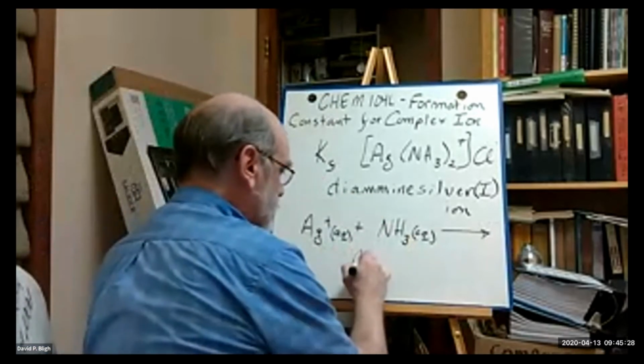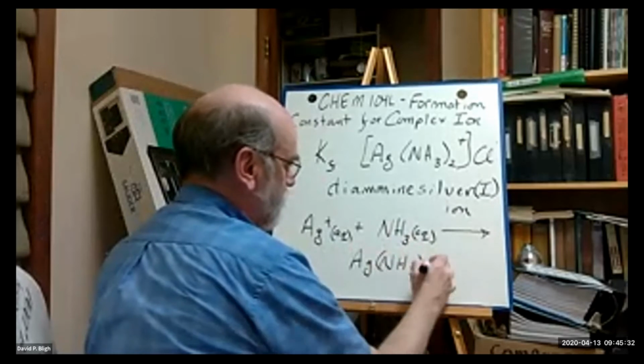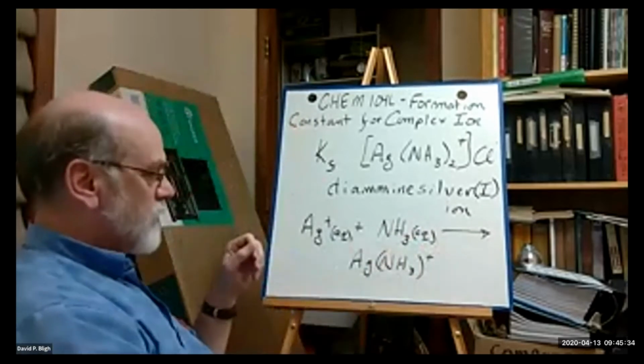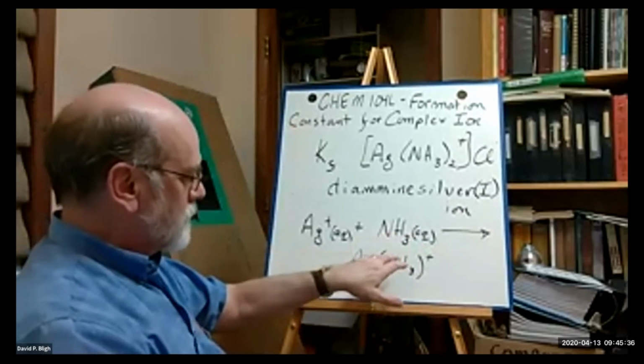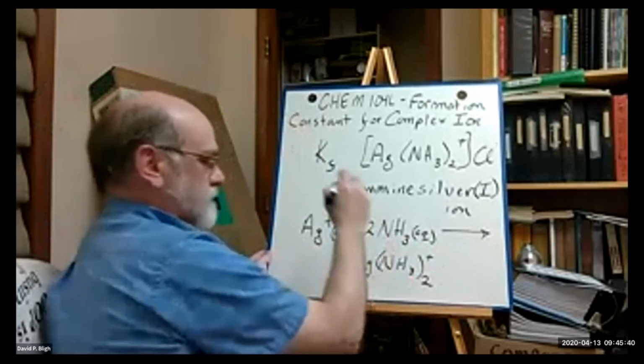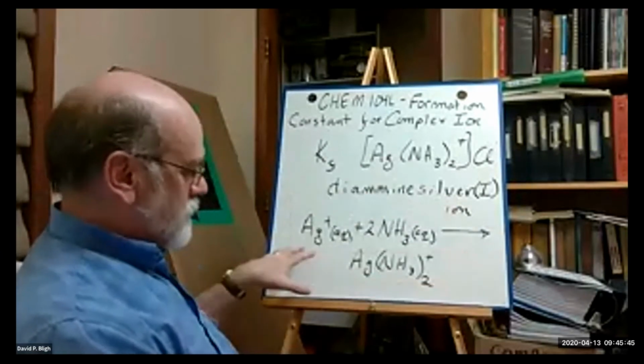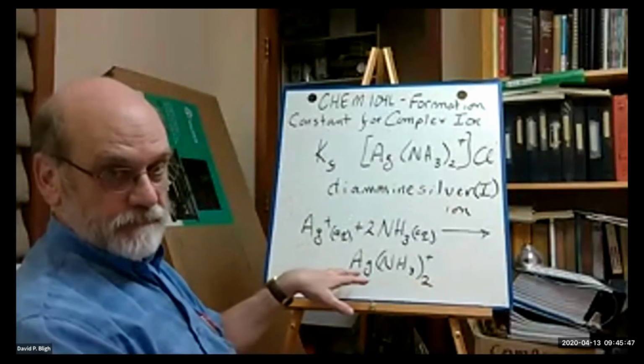It produces this. Okay? So notice, to balance it, we need two of these. So this is the overall equation for the formation of that ion.